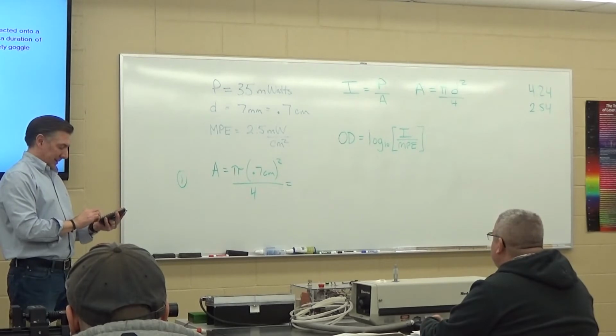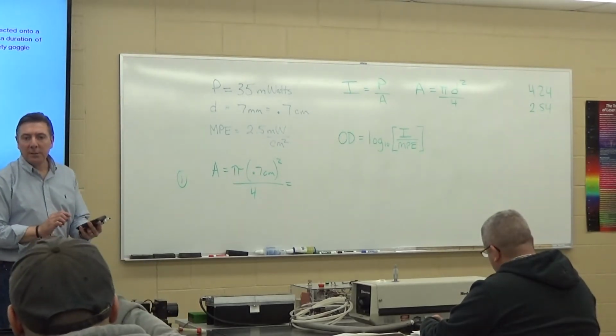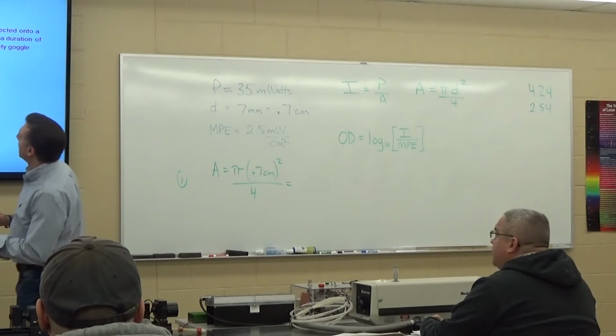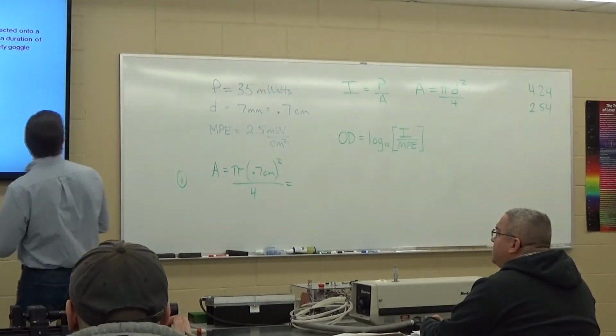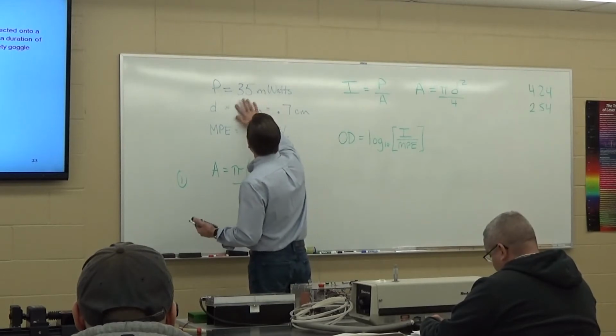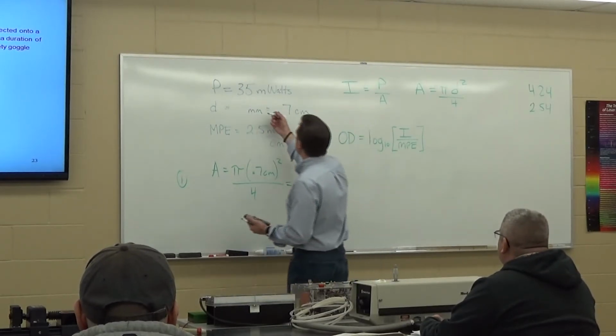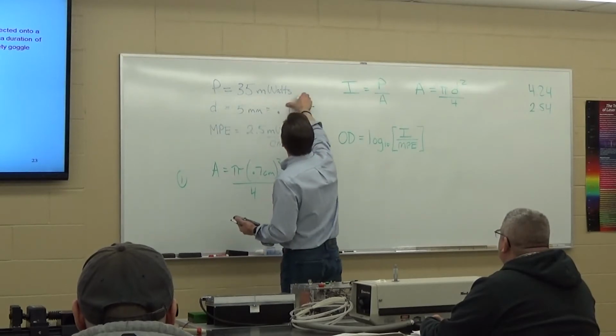We were using 5 mm for D, not the 7. Oh, I'm sorry, yeah, you're right. I copied it wrong. That's why I have you people correct me. Occasionally pay attention.